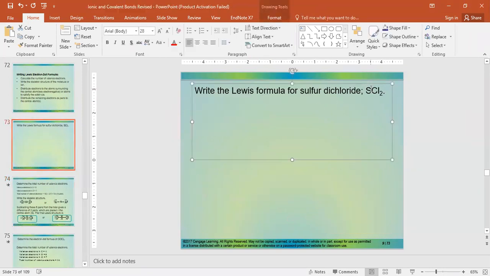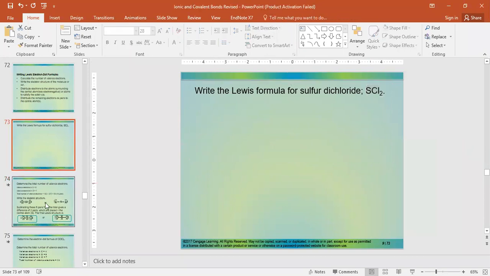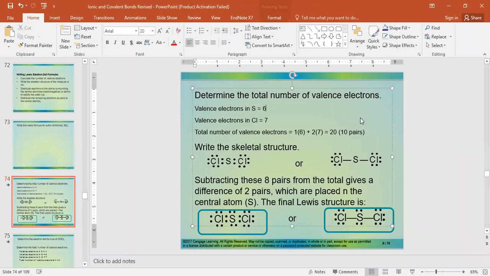Let me carry this particular compound here so that we can explain how this is being done. So if I can paste it here.